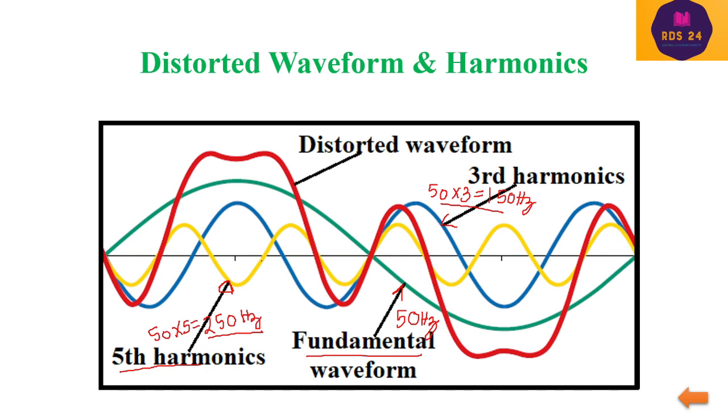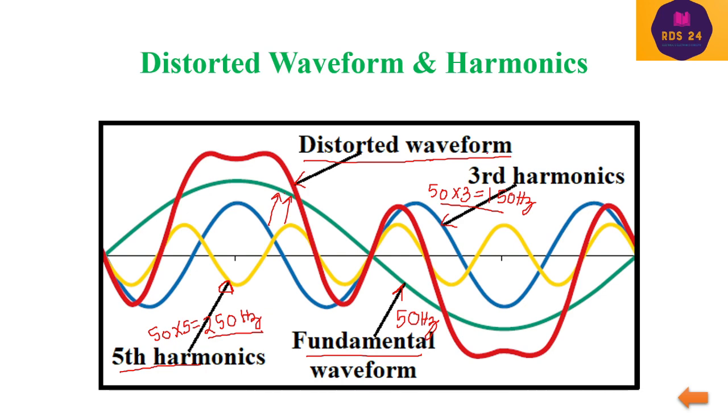When we superimpose the third harmonic and fifth harmonic on our fundamental, we are imposing the yellow waveform and blue waveform on the green one, that means harmonic waveforms on a fundamental. After superimposition, we get a red color waveform, which is a distorted one.